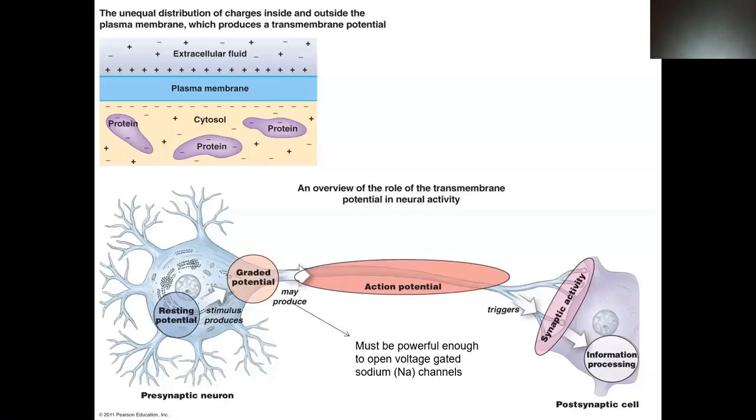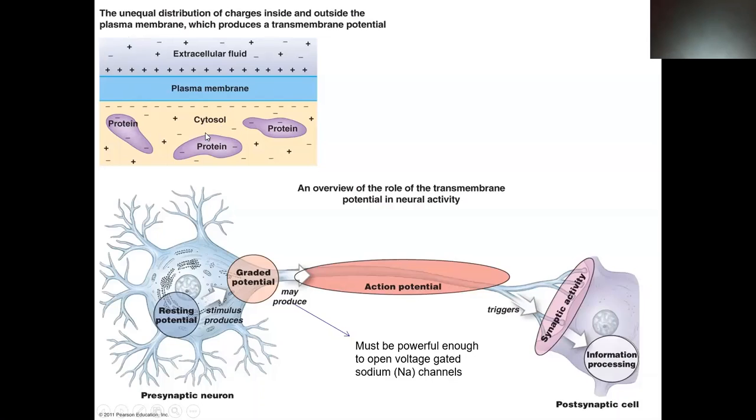Whenever we're looking at this picture up here, this is just a recap, just to show you positive on the outside in the extracellular fluid, negative on the inside. What was your little acronym that you wanted to write on the inside to help you remember what's in here? PIN, exactly.